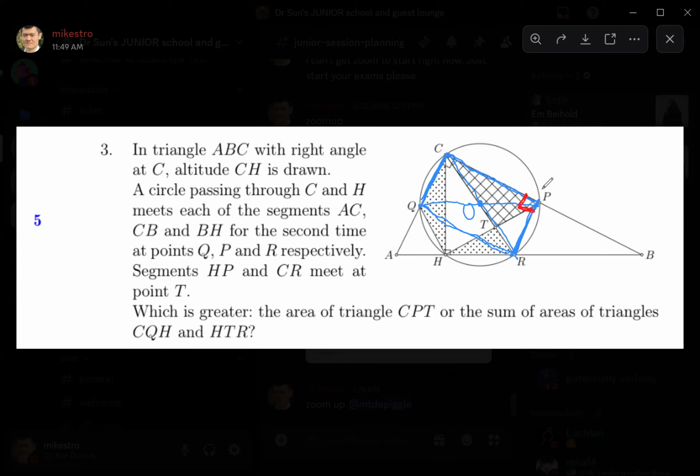And we know QP is also a diameter, so QRP is also 90 degrees. The other two are already given. So we have a four-sided shape and it has four 90-degree angles, yeah? Does that make it a rectangle?